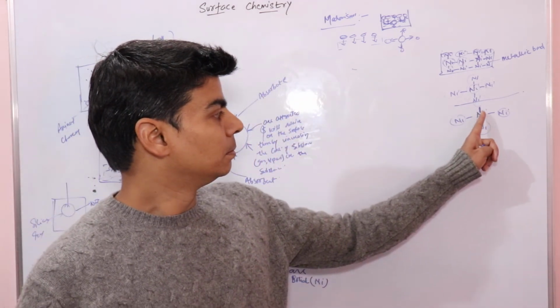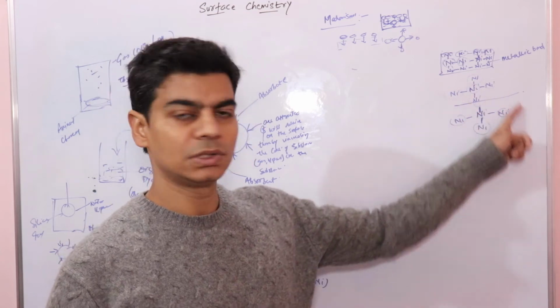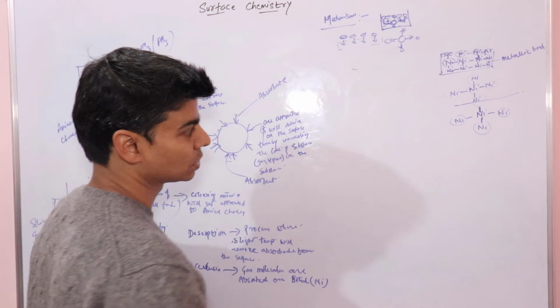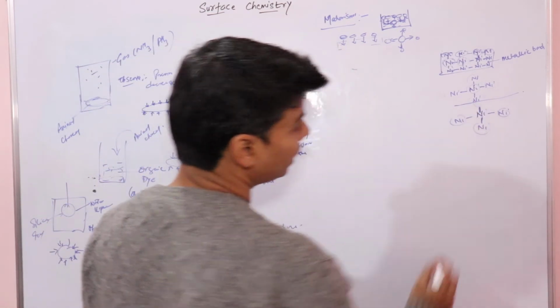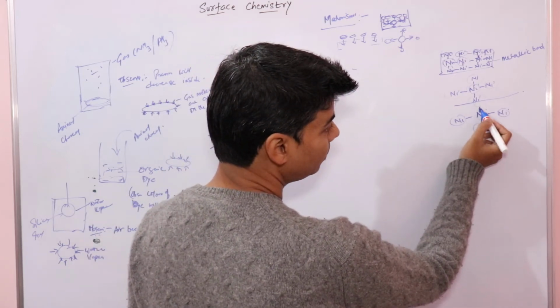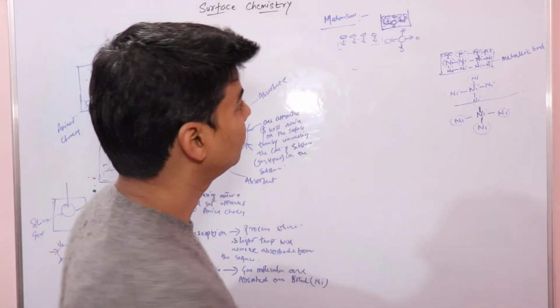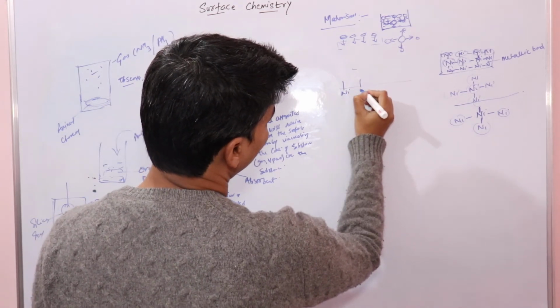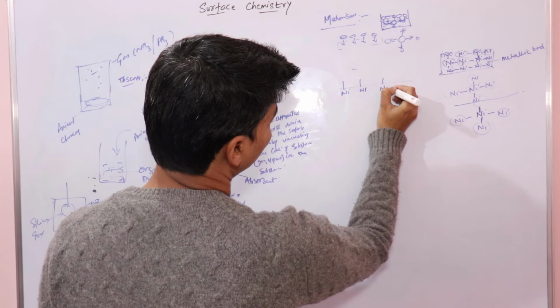So this is a situation of unbalanced forces, since at the surface there is no other nickel atom that gets bonded to this nickel atom. If you look at this surface, this is how the situation will look.